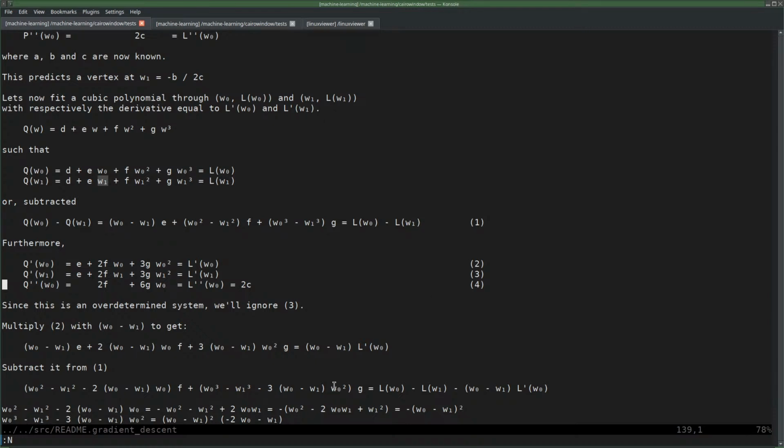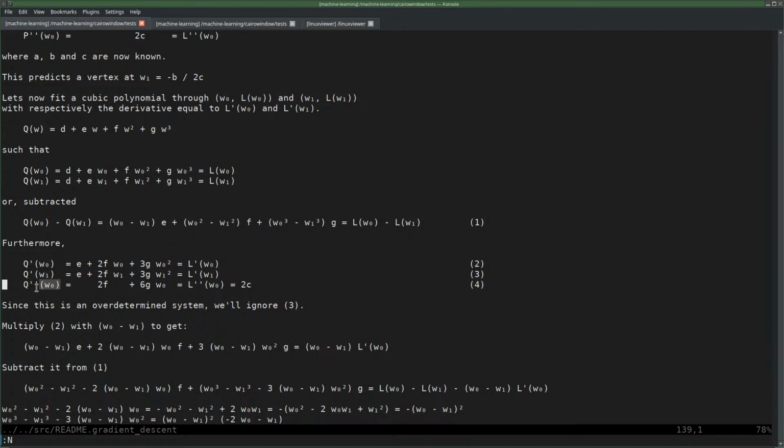Furthermore, we have that the first derivative of Q, which is E plus 2F W plus 3G W squared, and then filling in W0 for that, so you get E plus 2F W0 plus 3G W0 squared must be equal to the derivative in that point. Same for W1. These two formulas are correct. Finally, we have the second derivative in W0.